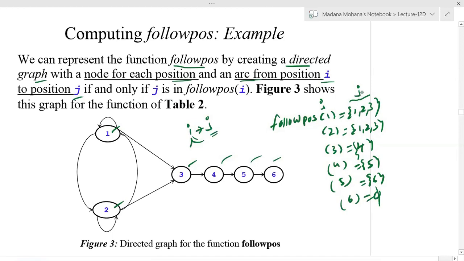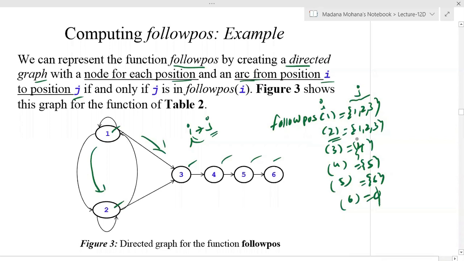So here you can see 1, 2, 3 are in follow position of 1. Now from 1 to 1, 2, 3 you can draw arcs. 1 to 1 means a loop. Here 1 to 1, then this is 1 to 2. Now this is 1 to 3. Then again for node 2, same condition. All the 1, 2, 3 values, the j values, are in follow position of 2.